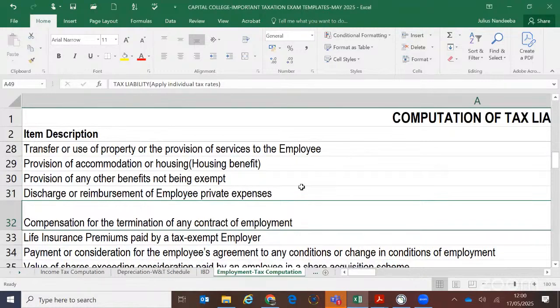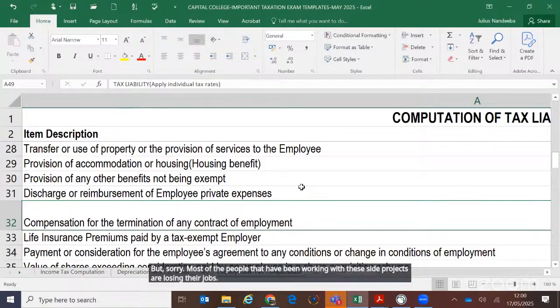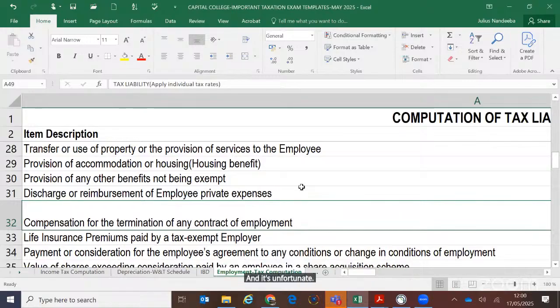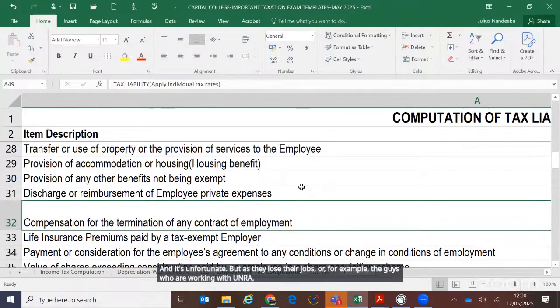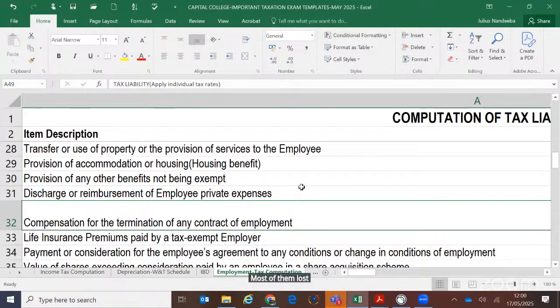Most of the people that have been working with the state projects are losing their jobs. And it's unfortunate. But as they lose their jobs, or for example, the guys who were working with UNRWA, these entities that were merged, most of them lost their jobs. And they paid them terminal benefits. Those terminal benefits are taxable.